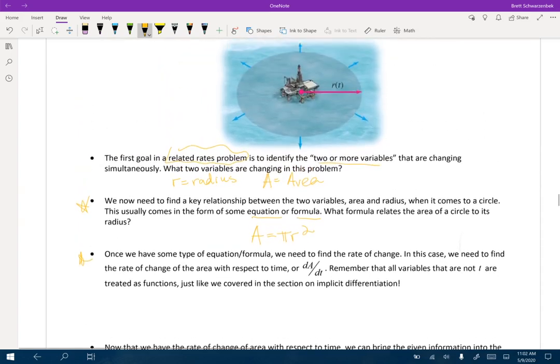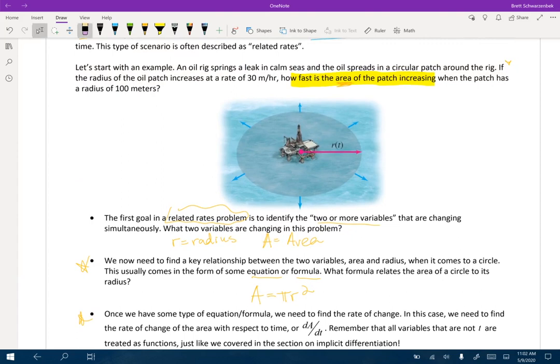Going back to our problem itself, what did they ask for? It says, how fast is the area of the patch increasing? That is the rate of change of area with respect to time.